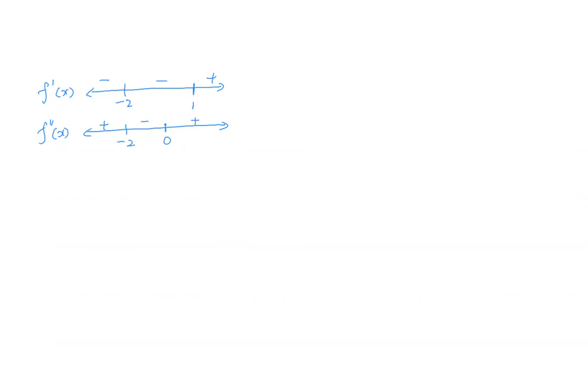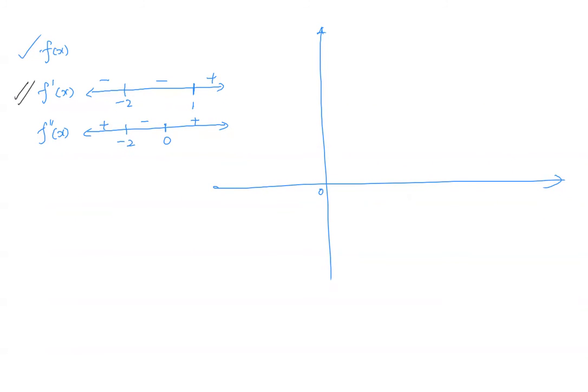Okay, so how I analyze? So when I sketch the graph, I know all these important ones. So my f(x), I'm going to use blue. f'(x), I'm going to use black. And f''(x), I'm going to use red.